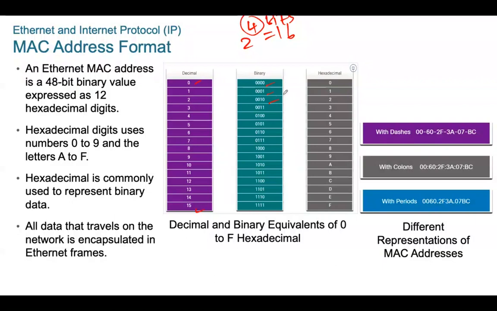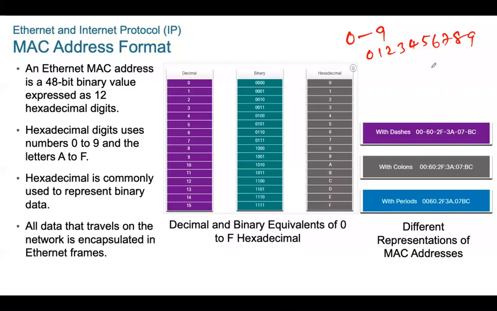So 0 0 0 0 represents 0. 0 0 0 1 is 1. 0 0 1 0 is 2. So like that, if all ones are there, it is 15. Then this binary is converted into hexadecimal. Decimal means it uses the numbers from 0 to 9, right? 0 1 2 3 4 5 6 7 8 and 9. Total how many digits if you count? 10.